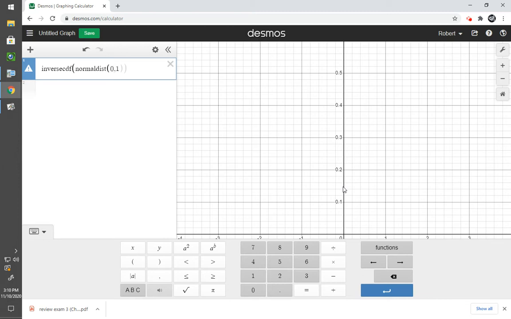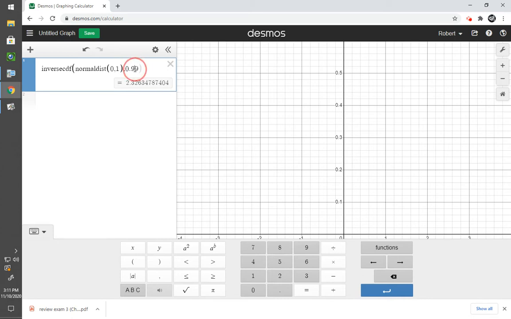I have to move outside of the parenthesis. You can see it. I have to put a comma in here, and now I have to enter the area as I'm looking for, and it's 0.99. And I have to close my values. And I put an area incorrectly.